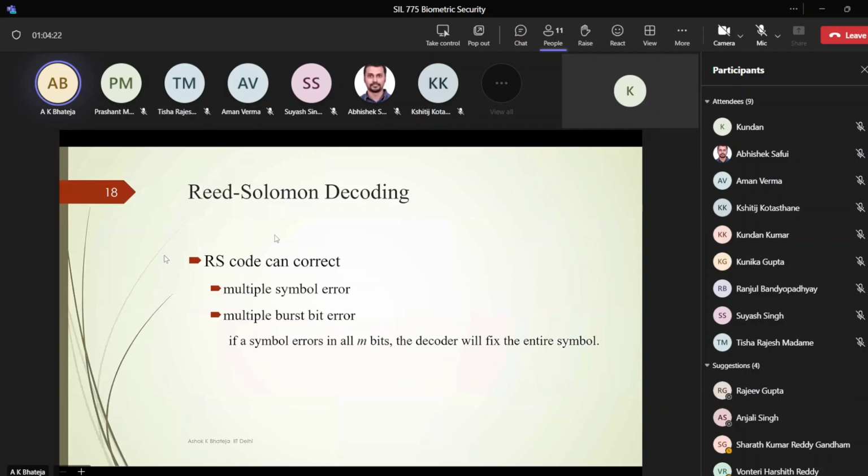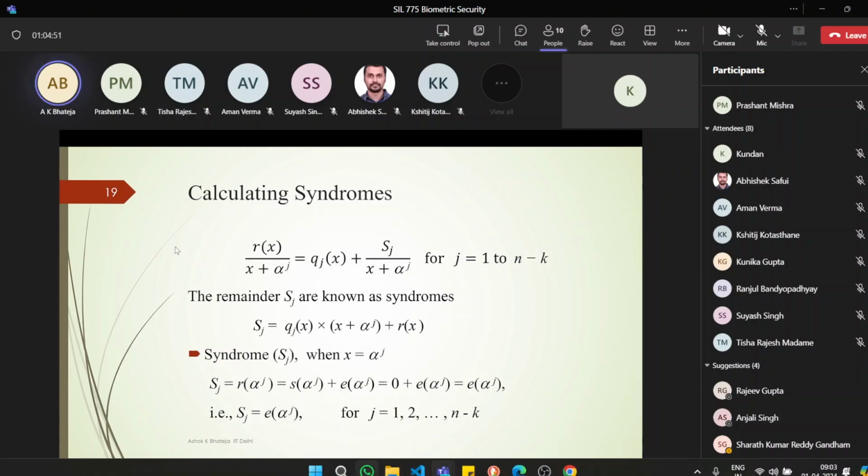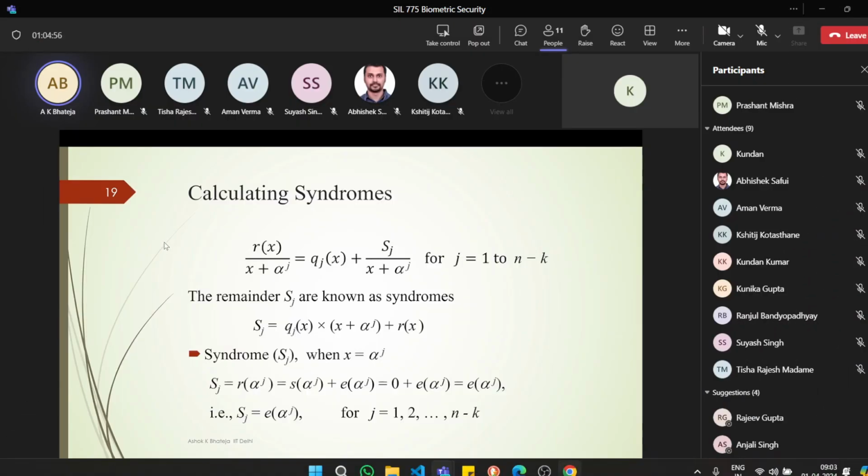There may be multiple symbol errors, and in one particular symbol there may be multiple errors also. For that, the requirement will be to find the syndromes basically. What is the syndrome? Whatever has been received, that is R(x), divide R(x) by each factor of the polynomial g(x). g(x) is equal to (x plus alpha) into (x plus alpha squared) into (x plus alpha to the power 3) and so on.